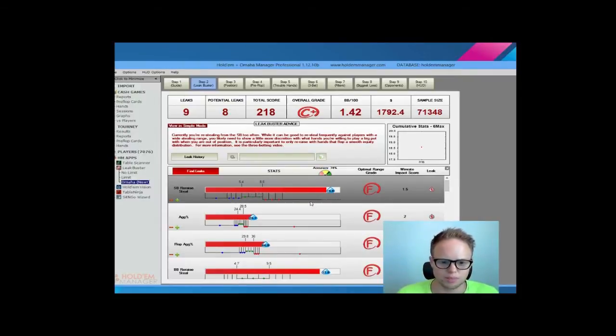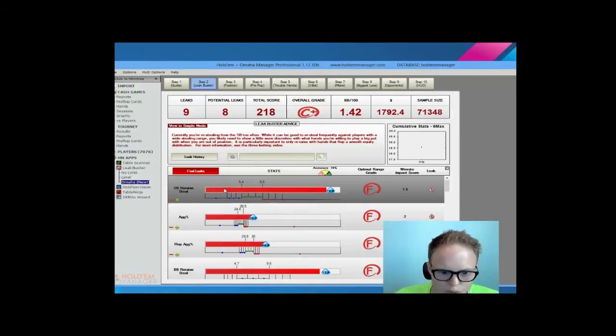And this Leak Buster is built from a big database of hands, and they have looked at how the most winning players play in general, and that they have showed here with the green dots.